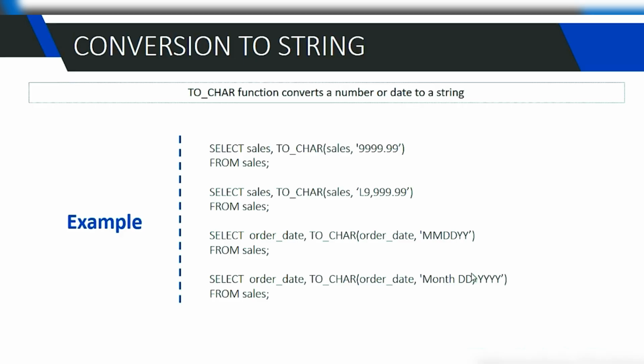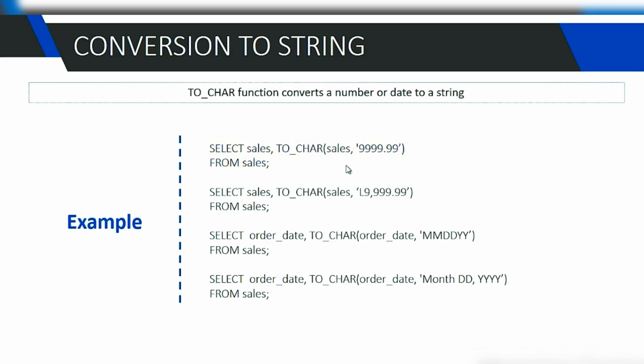So for example, if you are converting all the sales data which is in double precision numeric format to this type of string format, in the string it will have 4 digits before the decimal and 2 digits after the decimal. So we'll select sales and toChar of the sales value in this format of the string from the sales table.